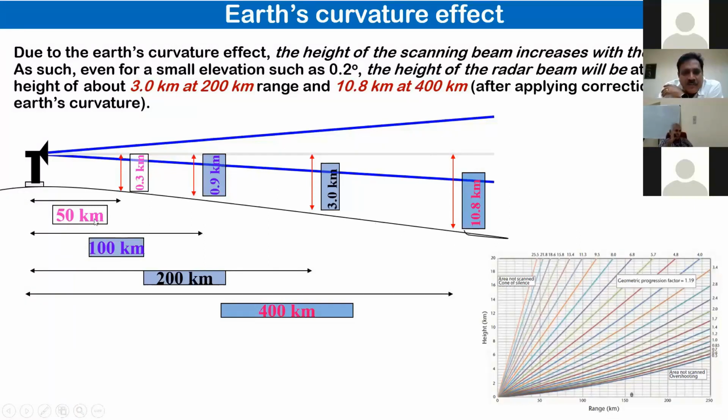For example, at 50 kilometers it may be around 0.3 kilometer, but at 100 kilometers, even at 0 elevation, you will be around 0.9 kilometer above the ground. And at 200 kilometers, you are 3 kilometers above the ground. So we need to correct these things if you want to get the height profile of the precipitation.